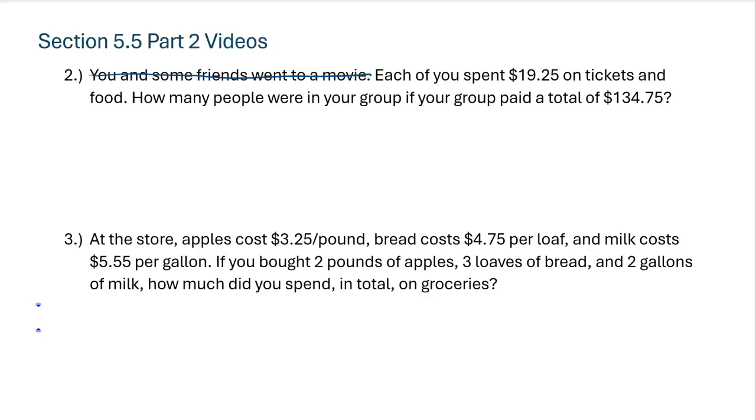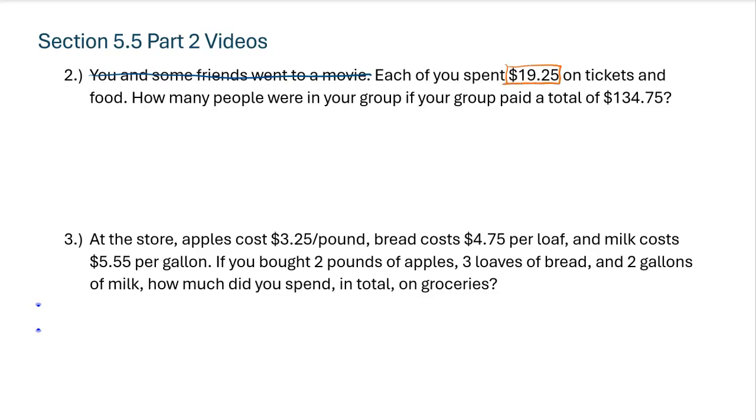Once I've crossed that off, I'm going to move to the next sentence, and if there's anything that I need, I'm going to go ahead and underline that. Sometimes I'll write whatever it is above the sentence if there's space, or below if there's not. So the next sentence says, each of you spent $19.25 on tickets. That is very important.